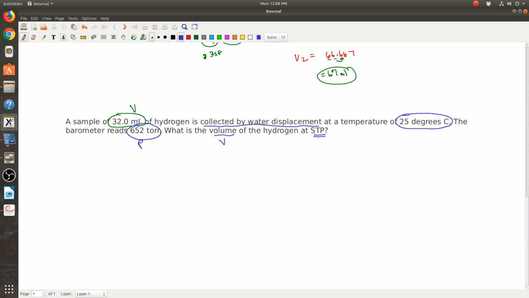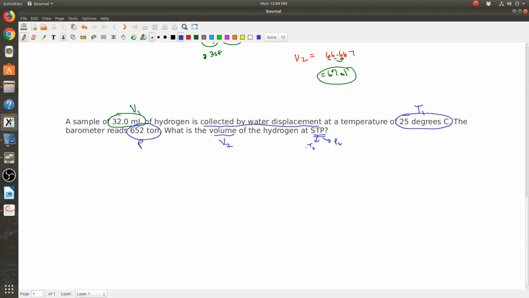Standard temperature and pressure. Okay, this is a temperature. And there's a volume and a pressure. And there's another volume, and this STP, that's another temperature and another pressure. So we have all 3 variables at play here, because it's asking me for V2. It gives me V1. It gives me T1.